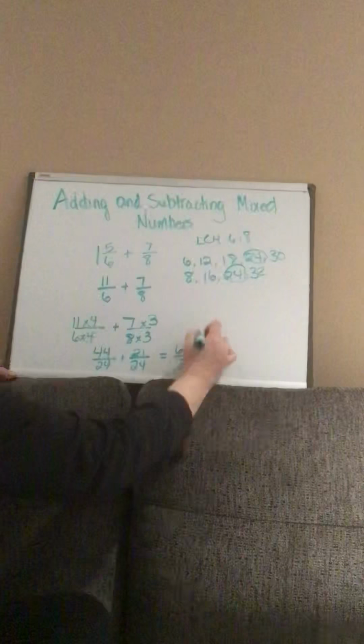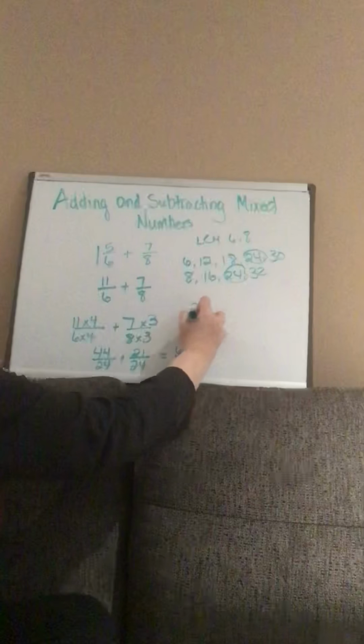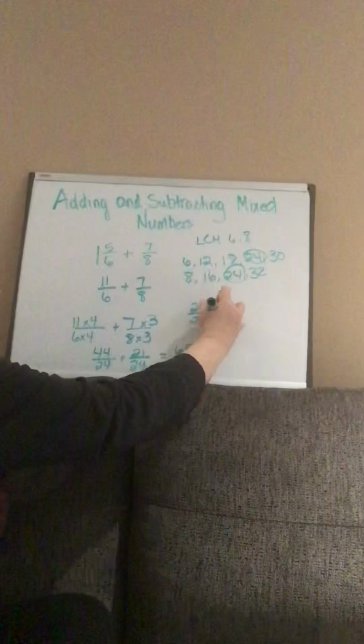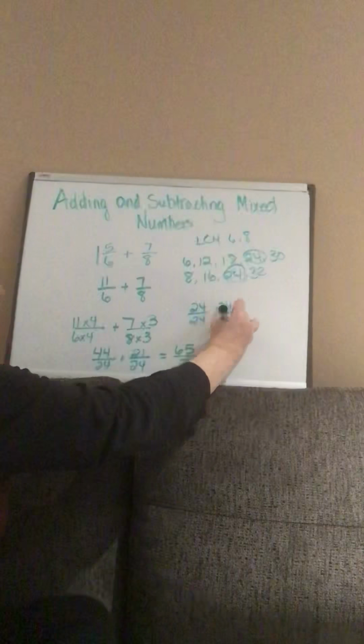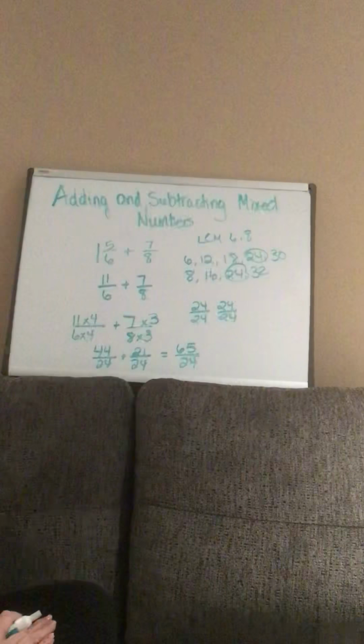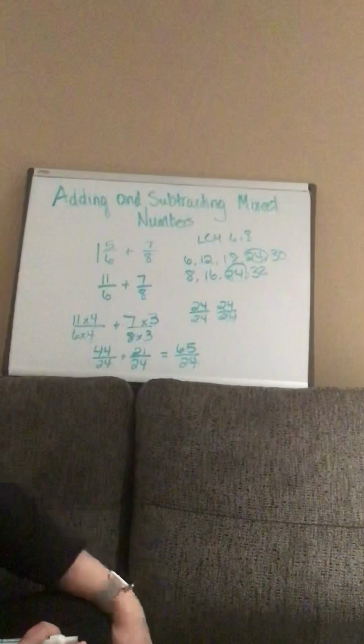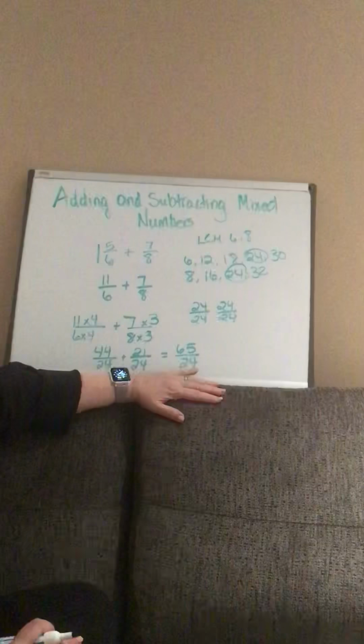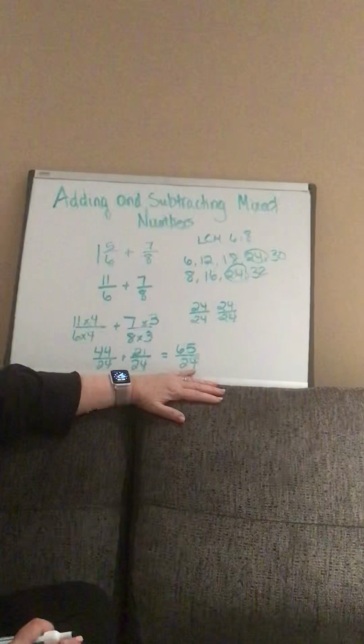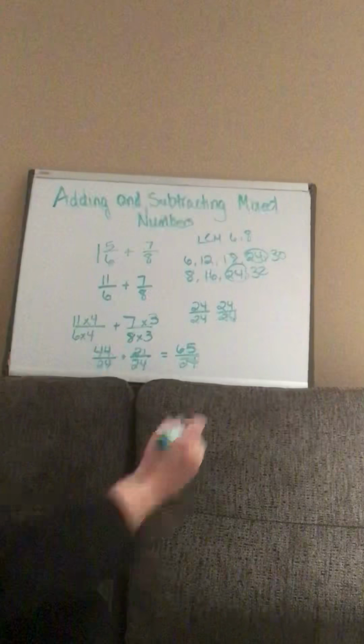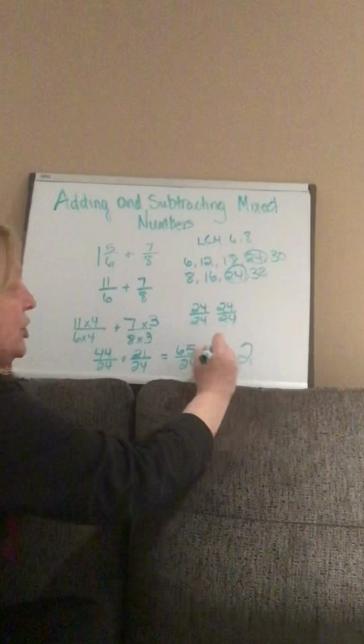How many groups of 24? Well, 24 over 24 and 24 over 24 gives me 48. If I estimate that this was 25, then another one's going to take me to 75, so that's too much. So I'm going to have a large 2.